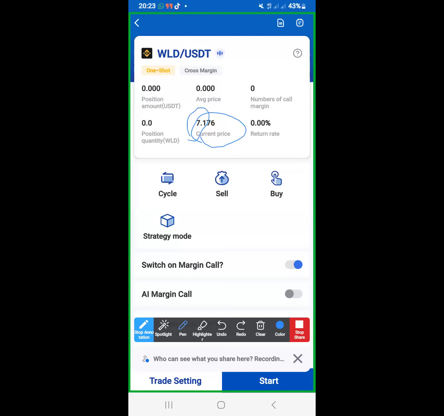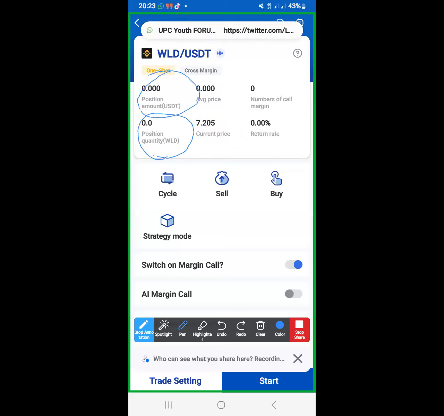Average price. Average price refers to an established price, which is sort of like a benchmark. You get it by dividing the quantity of coins bought by the position amount.